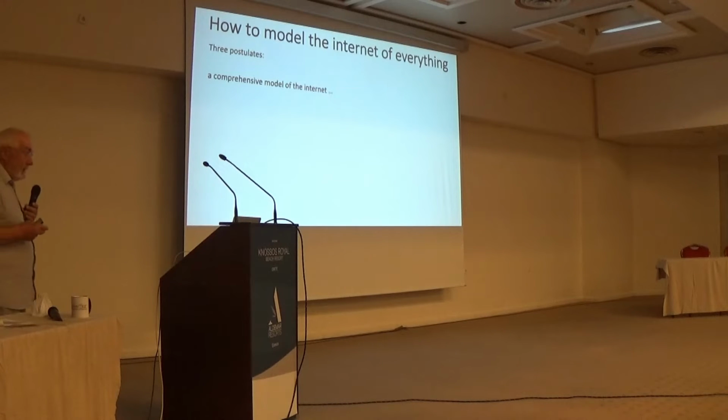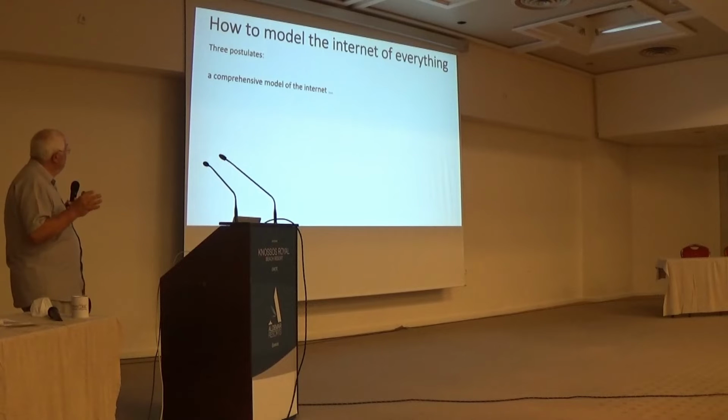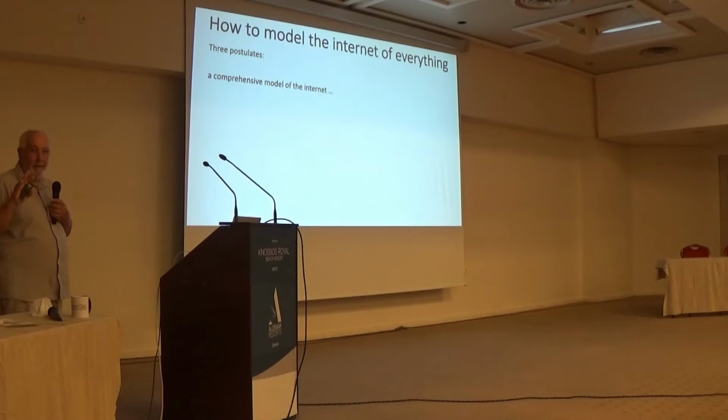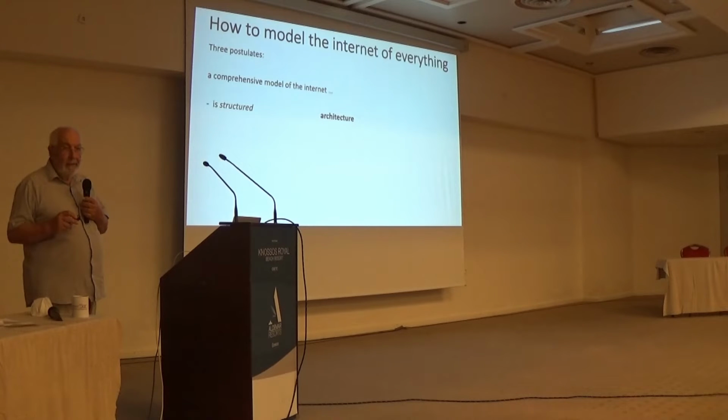And I start with three postulates. A postulate is something we should all agree about, and this is really true for any kind of model. So a comprehensive model of the internet, for instance, is somehow structured. The internet is not a monolithic something.